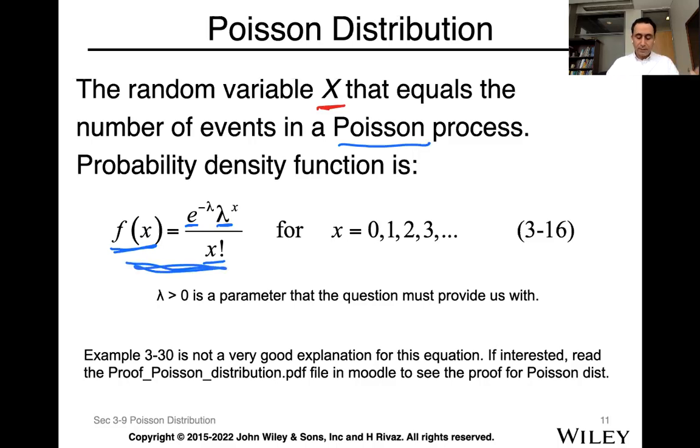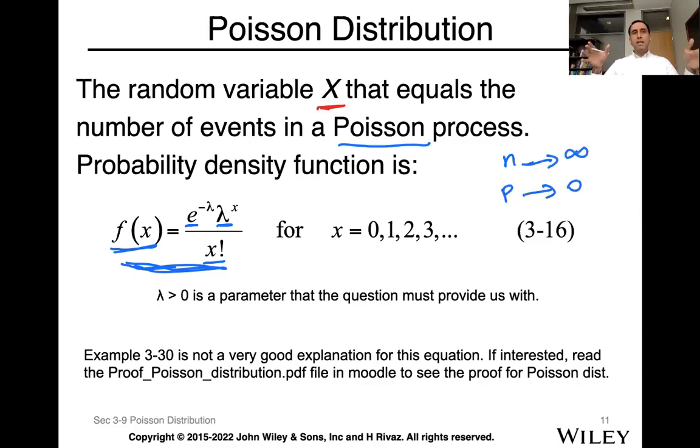The basis of this equation is the binomial distribution, and in the limit when n goes to infinity, so the number of trials is very large, and p, actually my notation is wrong, when p goes to 0, right?